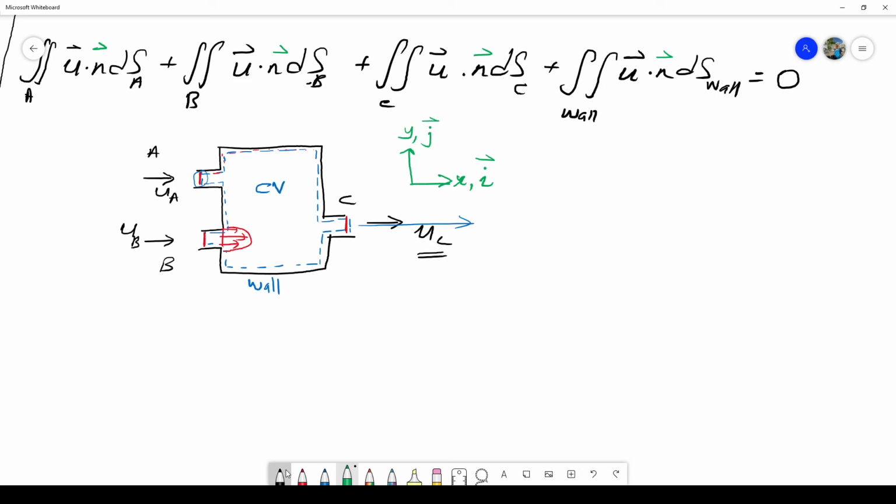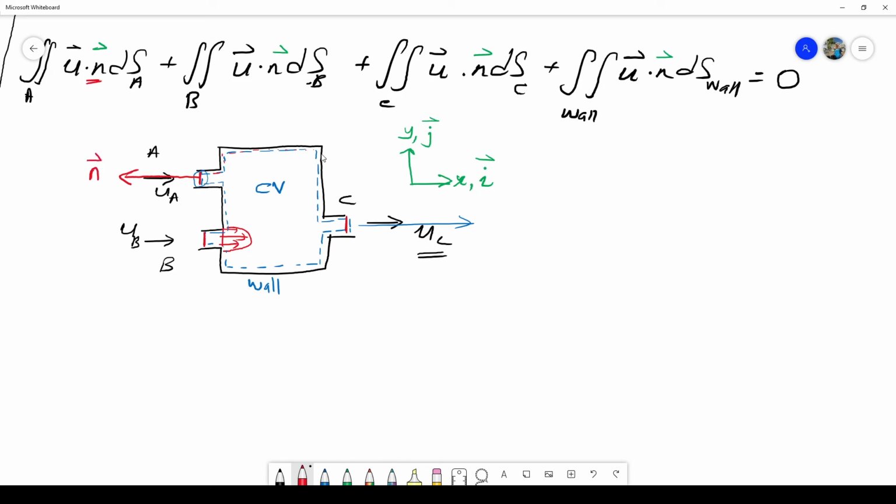Let me define one more thing here: the unit normal to the surface. So n here is always normal, or perpendicular, to the surface that we consider, and it is pointing outward from the control volume.